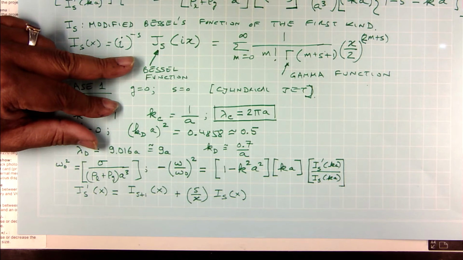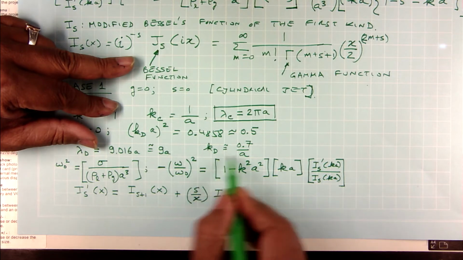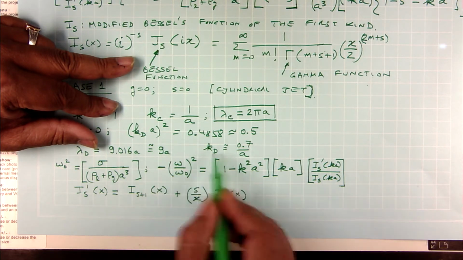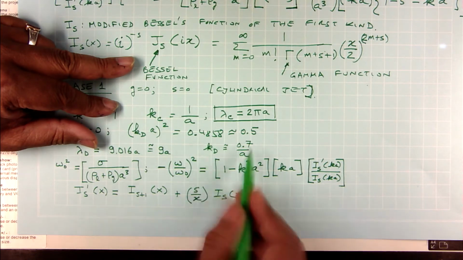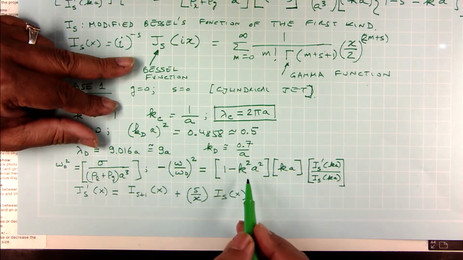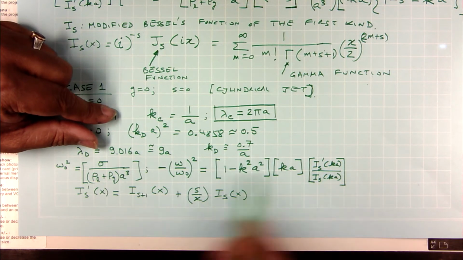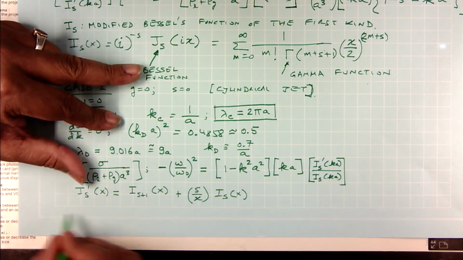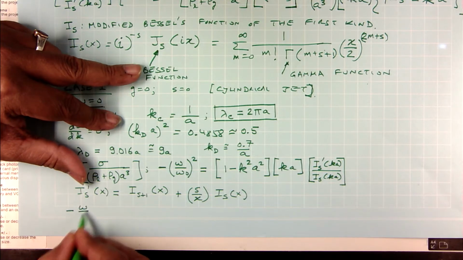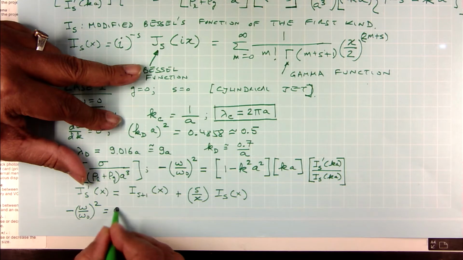And for KD times A equal to 0.7, if I substitute this value of KD times A in this equation over here, I end up with a solution that says minus omega by omega naught square comes to about 0.13.